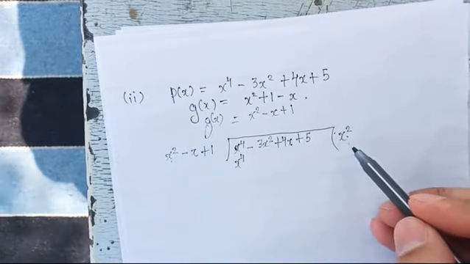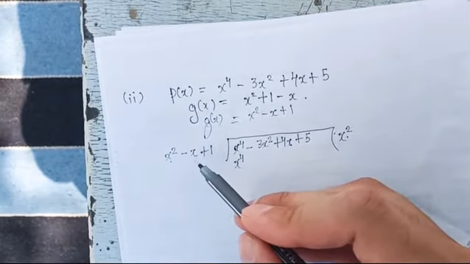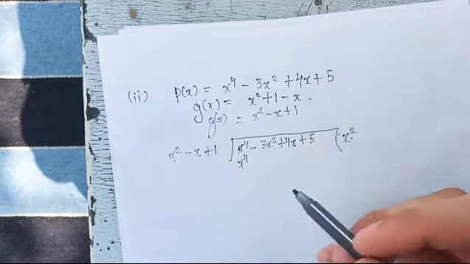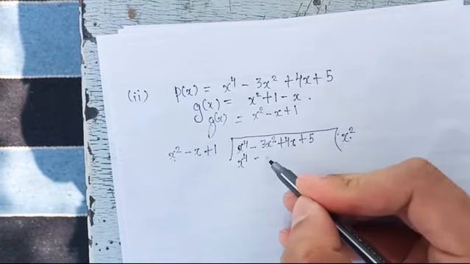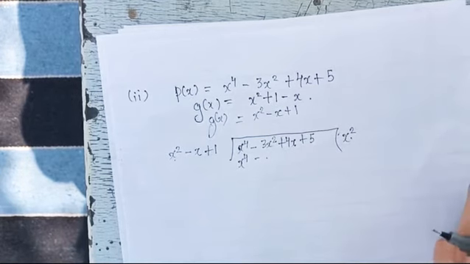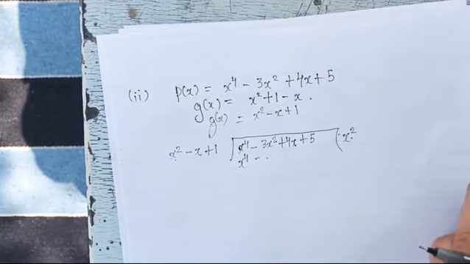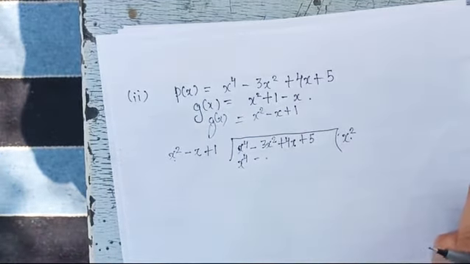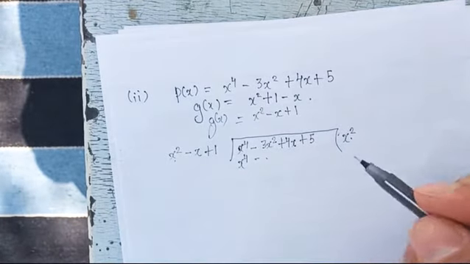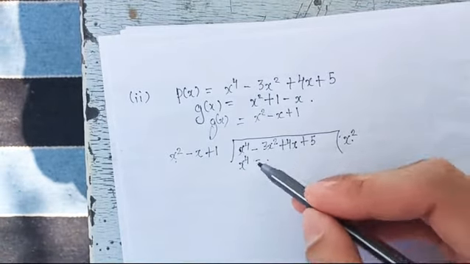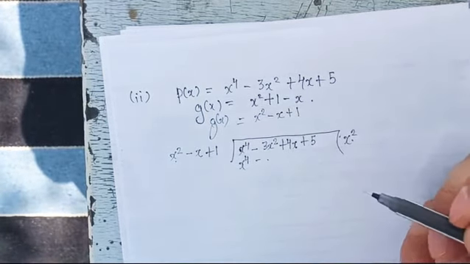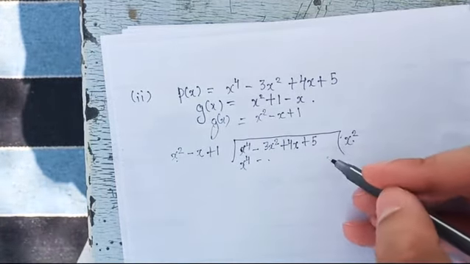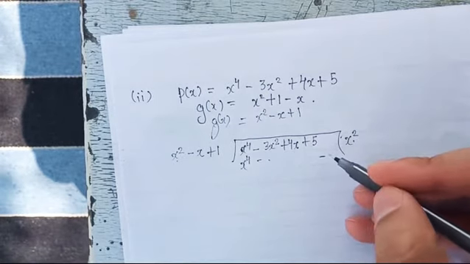Okay, x square is multiplied with x also, so you will get minus x cube. But see, here x cube term is not given to us, so it is better to write it here because the term is not there.